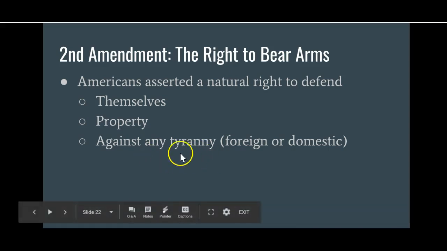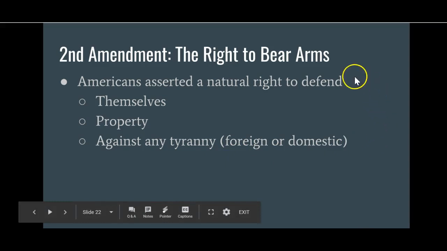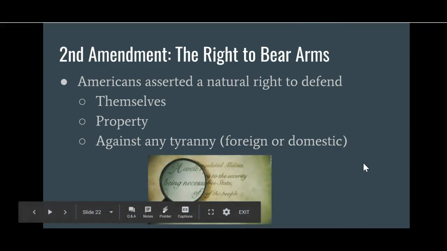So against any kind of tyranny that is foreign, outside of the United States, or domestic, inside of the United States. If a tyrannical leader takes away our freedoms, the way that we know and understand them with the way that the Constitution is written, then the Second Amendment says that we have a right to defend ourselves with arms, with guns.